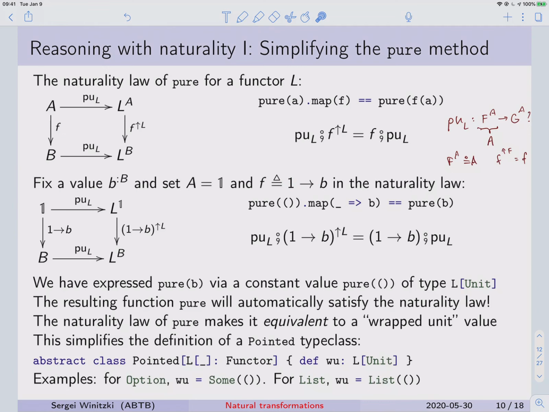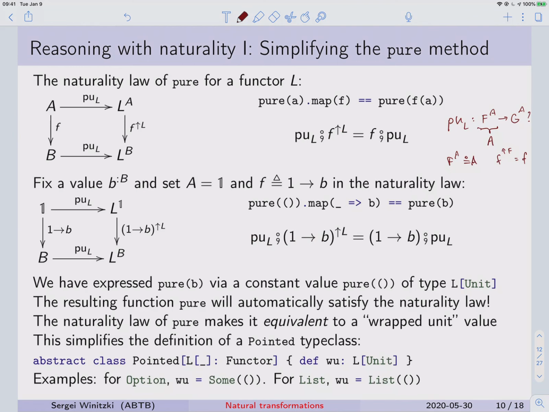Let's put that into the naturality law. So in the code notation, we will have this. We have just substituted this f, which is this function, and this pure method is acting on the unit type.